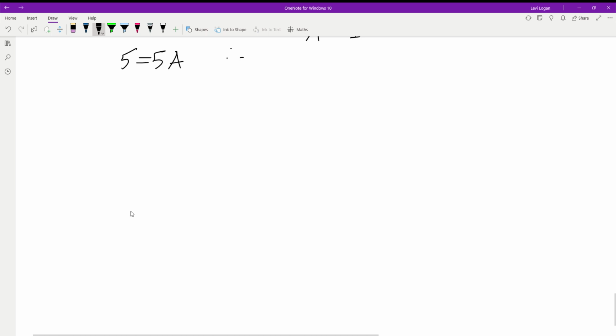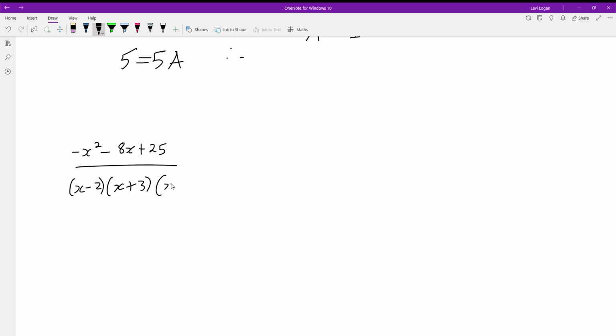Righto. So in hindsight, this here, negative x squared minus 8x plus 25, I think it was, over all these guys here, x minus 2, x plus 3, x minus 1, is equivalent to the following: 1 on x minus 2 plus 2 on x plus 3 plus negative 4 on x minus 1, and that's it.